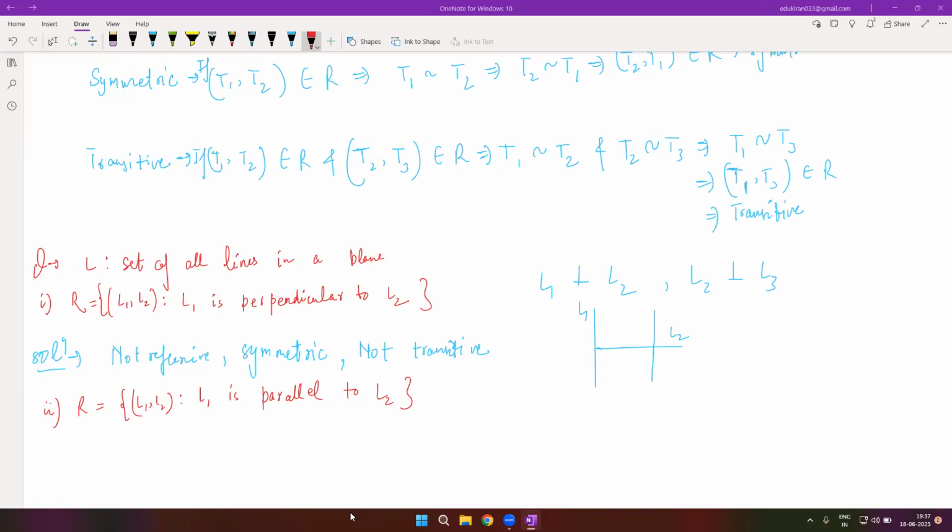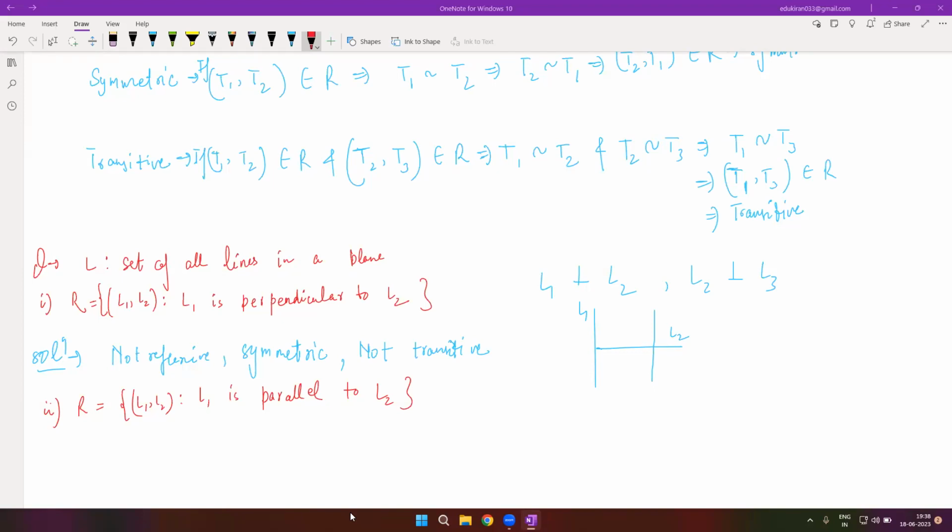Hence, if (L1, L2) is a part of the relation, then (L2, L1) is definitely a part of the relation. Sir, in the first part, L1 is coinciding with L1, right? How is it parallel? I mean, they are coinciding, but that is also a condition of parallelism only. Okay.